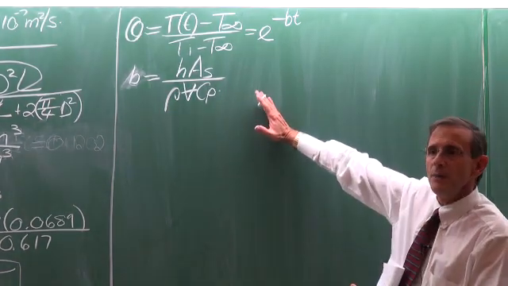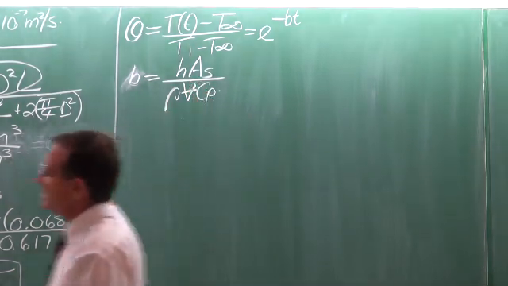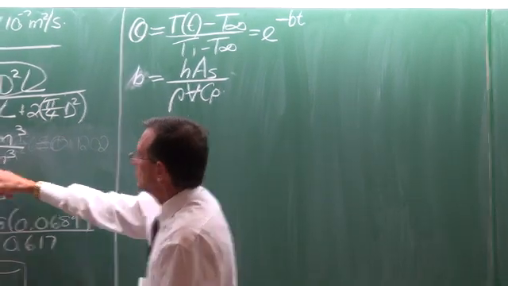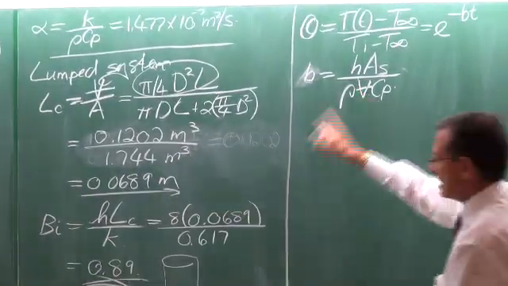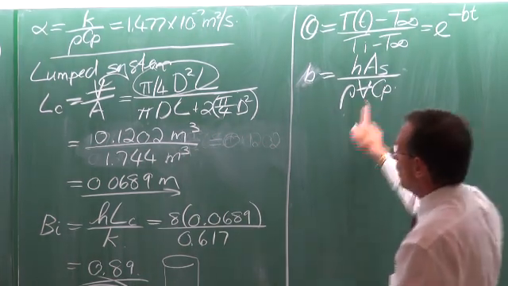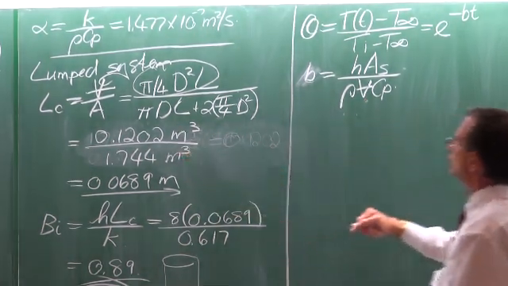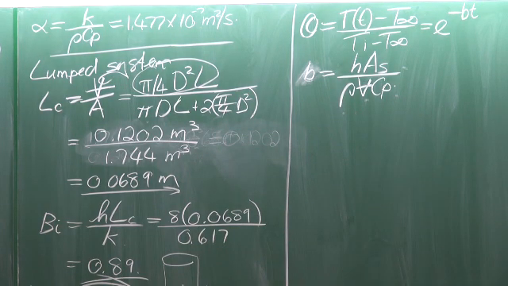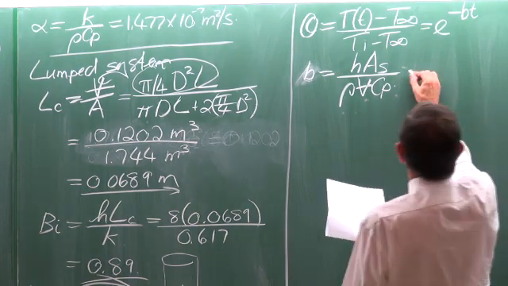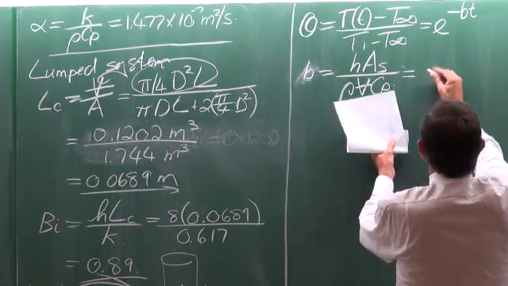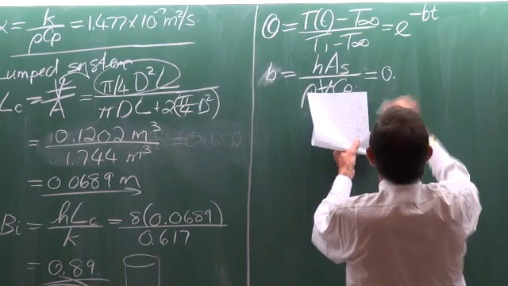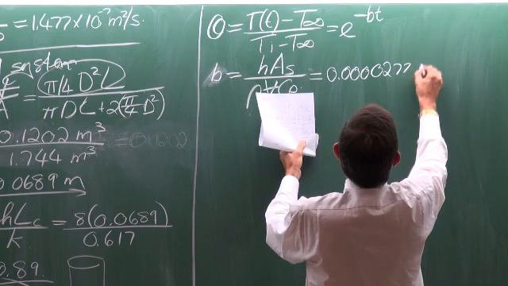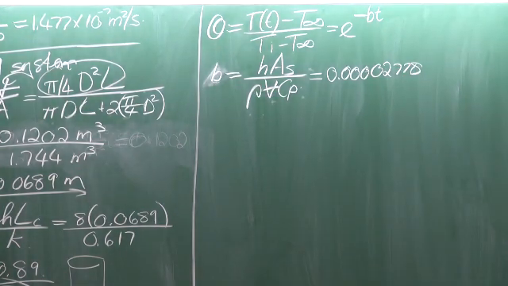Again it's elementary. The heat transfer coefficient is 8, the surface area 1.744, the density 1,000, the volume 0.1202, and Cp is 4178. You can do the substitution at home and check my calculations. B would then be equal to 0.123402778, a small value.